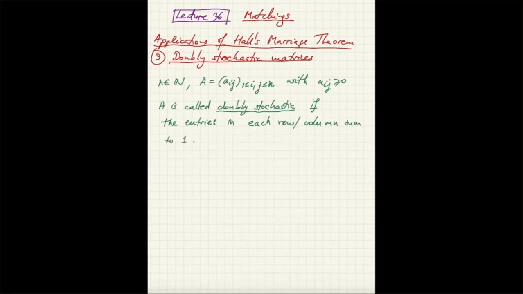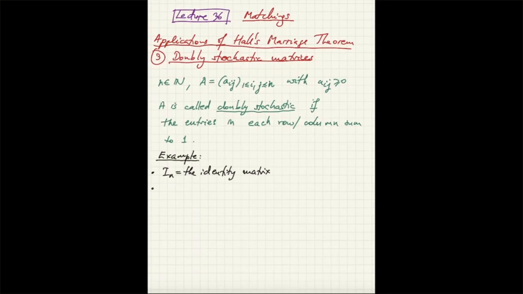Okay. So such matrices are of great interest in probability theory, for example. And let's give some simple examples. I mean, the identity matrix I_n is a doubly stochastic matrix.